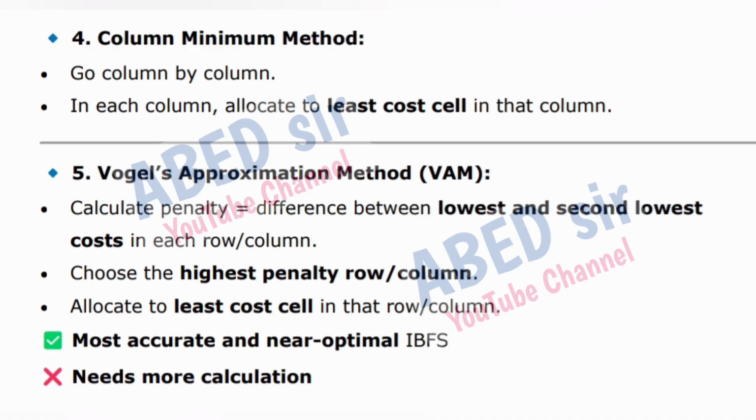5. Vogel's approximation method, VAM. Calculate penalty, which is the difference between lowest and second lowest costs in each row and column. Choose the highest penalty row or column. Allocate to least cost cell in that row or column. Most accurate and near optimal IBFS. Needs more calculation.